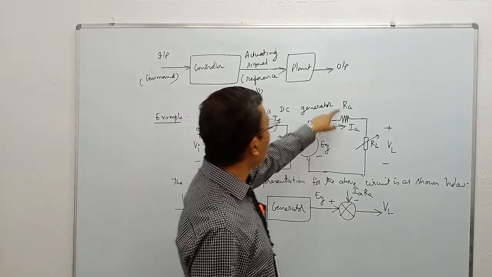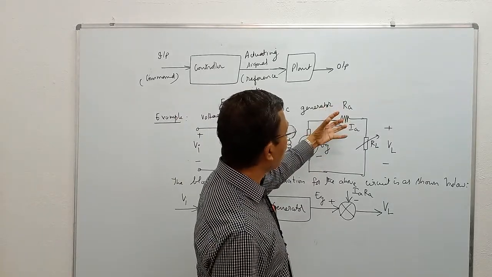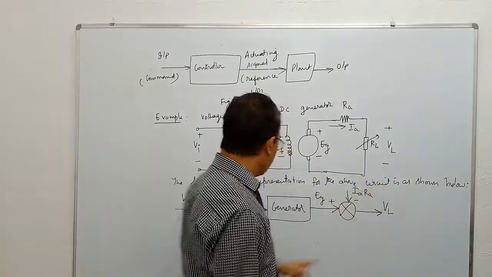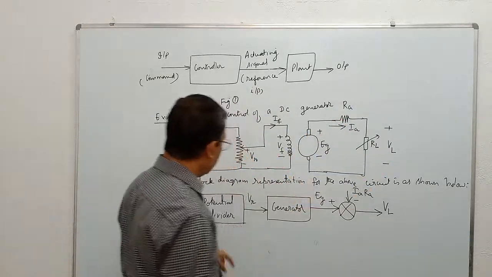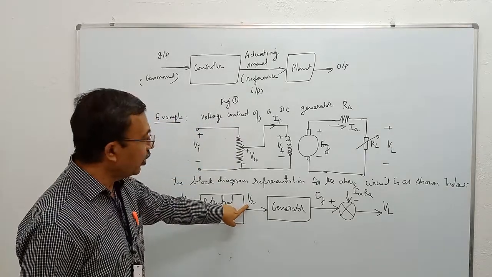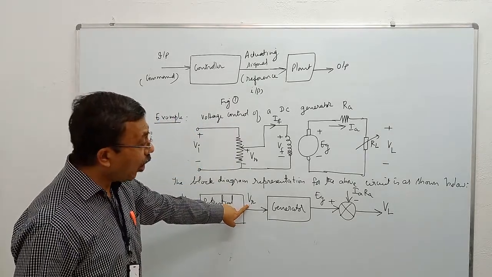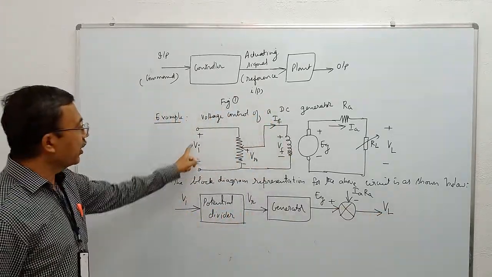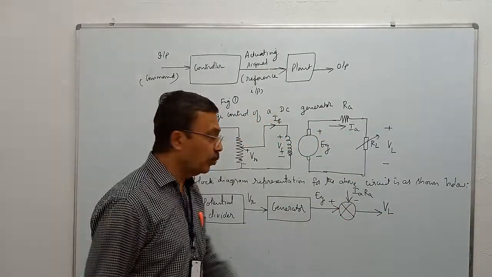From Eg, if you subtract Ia Ra, the voltage drop across the armature resistance, you get the load voltage VL. If you look at this block diagram, VR, the reference voltage, is independent of the output voltage VL. Therefore, this circuit diagram represents an open loop control system.